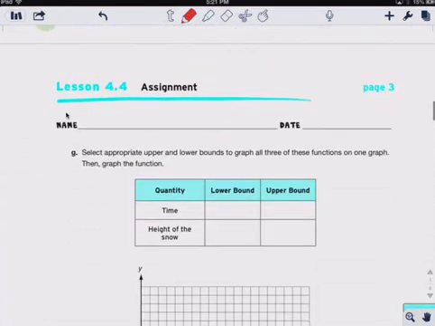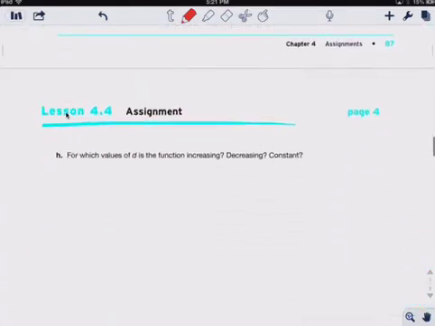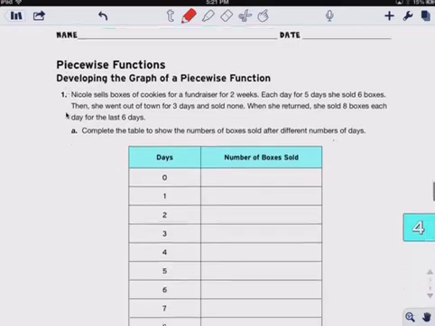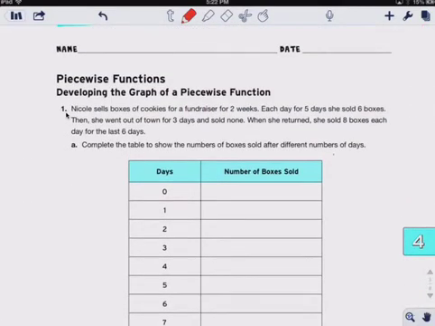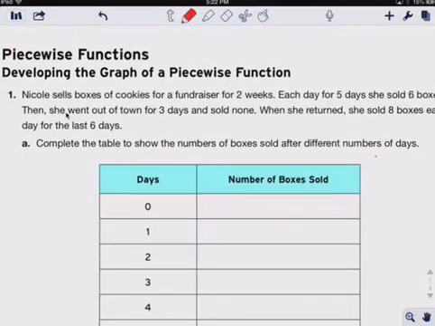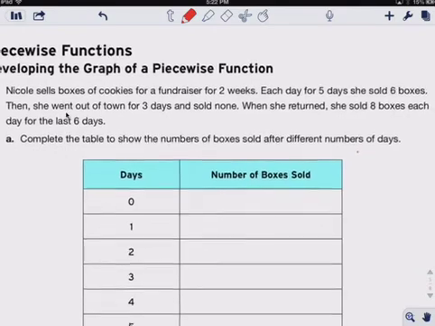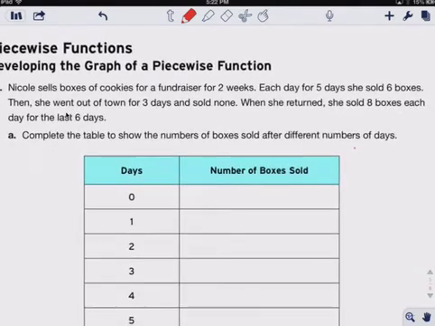Okay, let's go to page 89. Here it is. Nicole sold boxes of cookies for a fundraiser for 2 weeks. Each day for 5 days she sold 6 boxes. So 0 days she sold 0 boxes.